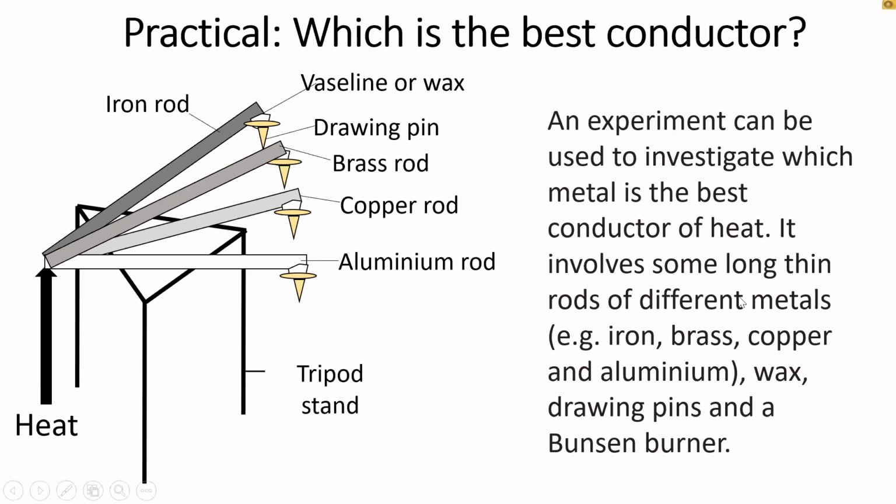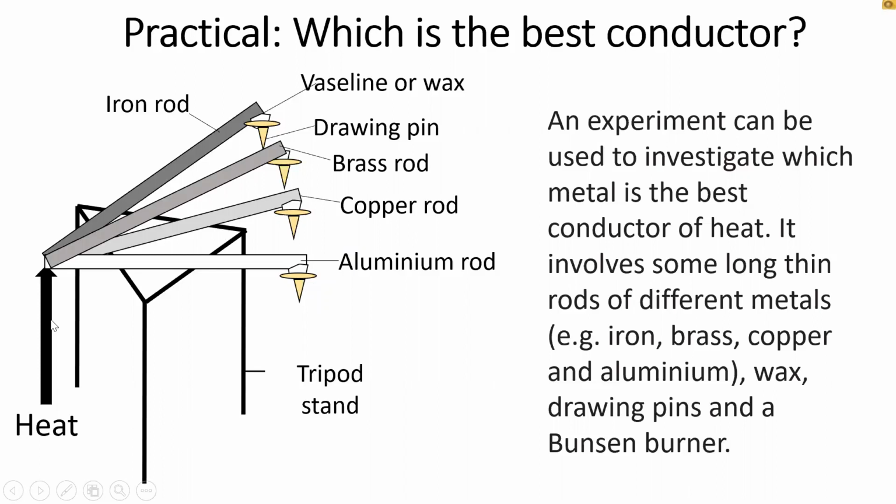So your teacher might give you some long thin rods of different metals, for example, iron, brass, which we know is an alloy, a mixture of metals, copper, and aluminium. She might give you wax or Vaseline, drawing pins, and a Bunsen burner.